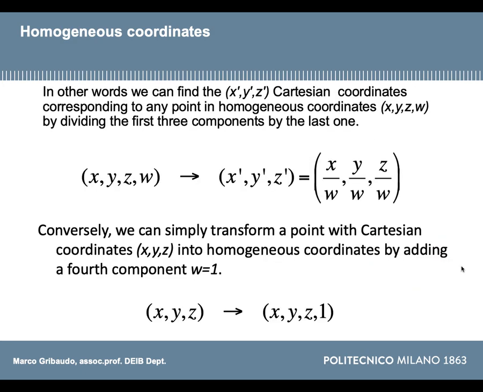Okay, conversely, if we have 1 point in our reference 3-dimensional space, x, y, z, the way in which we convert it into a homogeneous coordinate is we simply add 1 extra component equal to 1. Okay? So, in standard situations, we will use coordinates in which the last component will be equal to 1.